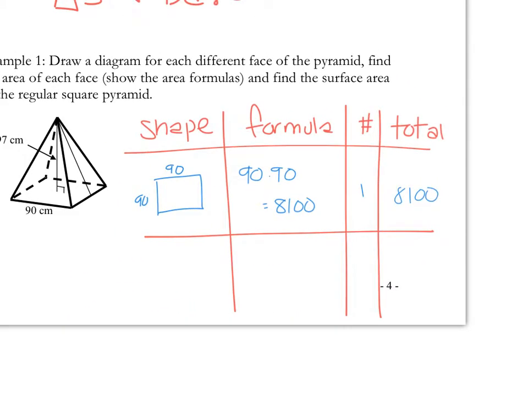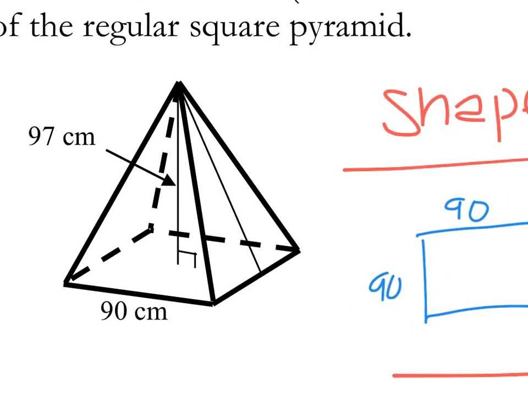Now, the trickier part is going to be the triangle. So here's my triangle. If you see though, 97 is your height. I want my slant height. Okay, so this is my x that I need to find. So what I'm going to do is draw this and this.